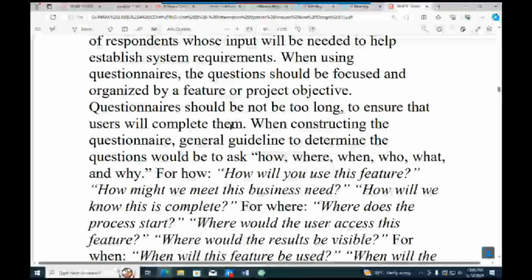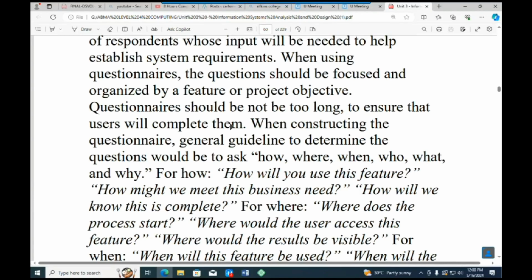Another thing to look at when you're dealing with questionnaires, don't have questions that are too long. This is to make sure that the users complete all the questions easily.